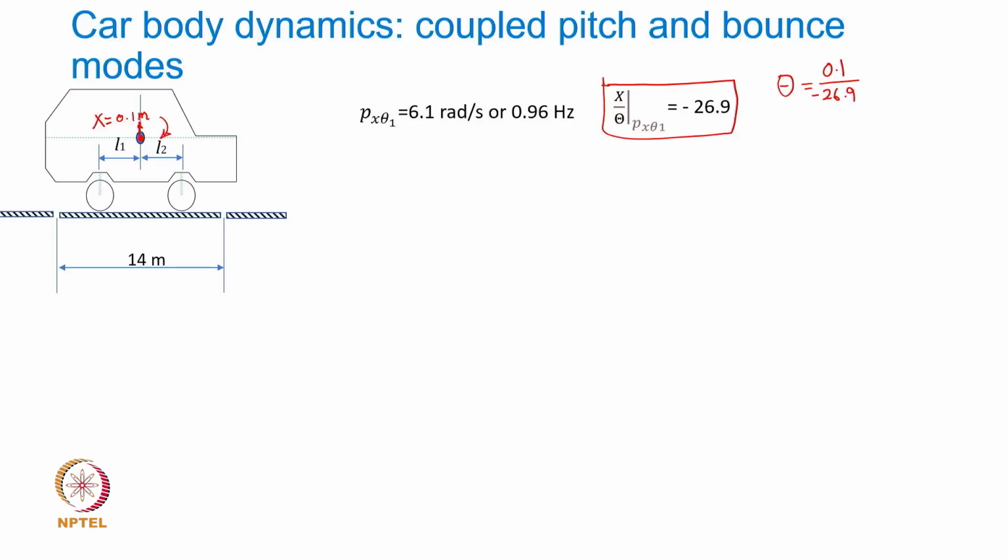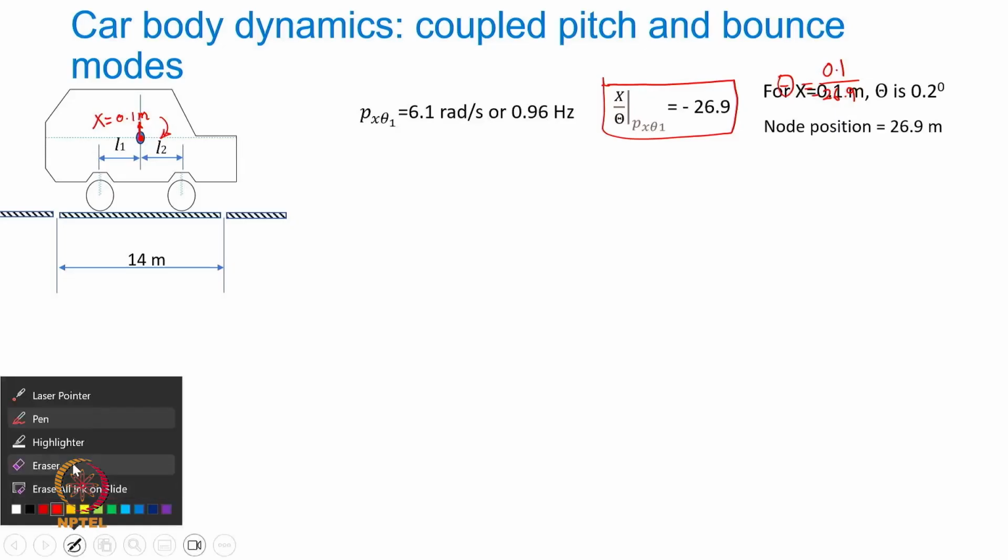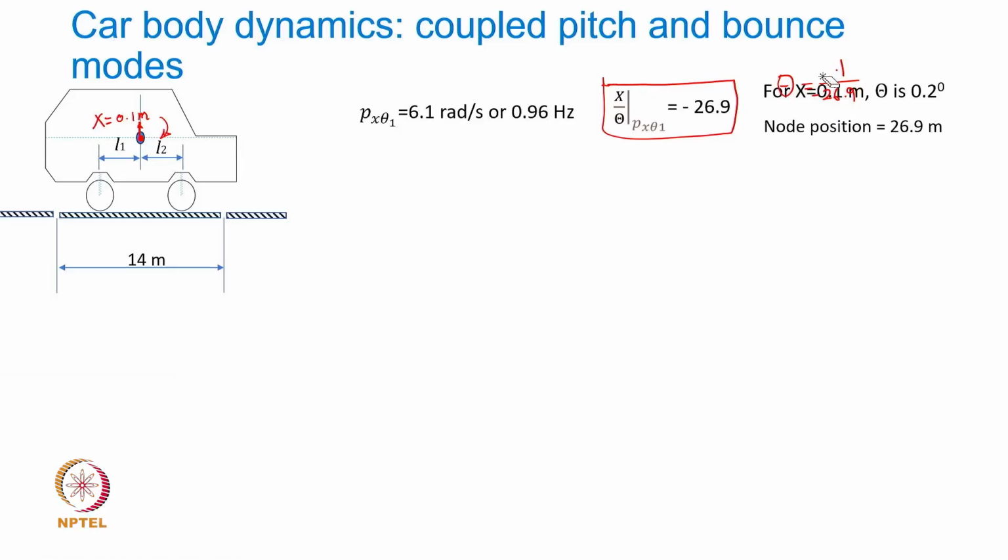Of course, that is going to be in radians, so I can convert that into degrees, because we are quite at ease understanding the degree of rotation. So, it is quite straightforward for you to find out that this theta would turn out to be 0.2 degrees. Okay.